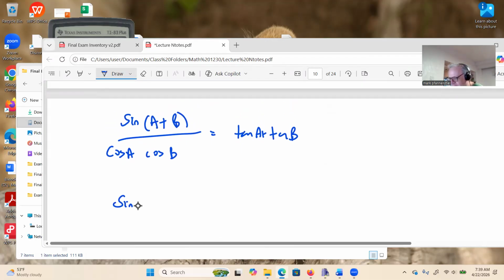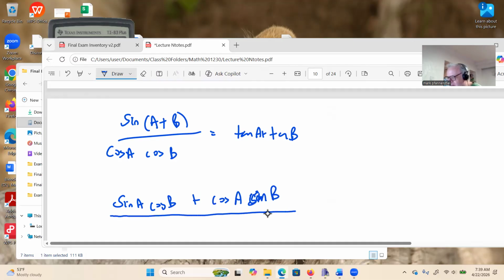So we have sine a cosine b plus cosine a sine b. Sine, cosine, cosine, sine. Okay, that's how those things work. Divided by, I've got a cosine of A, I've got a cosine of B here. Okay, so we have a fraction here. This is sine.